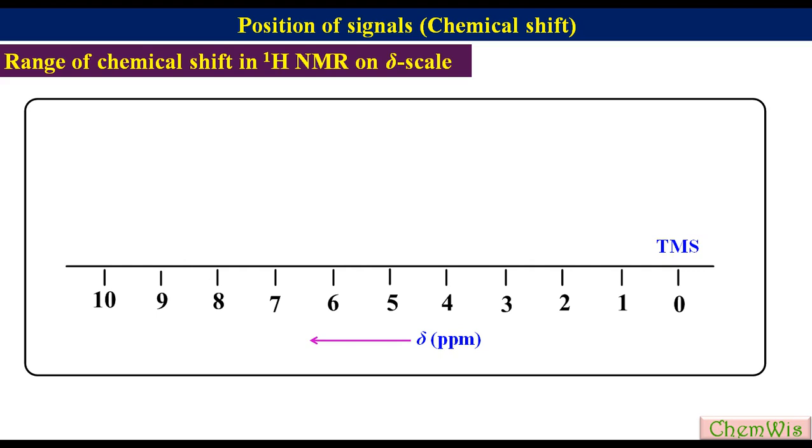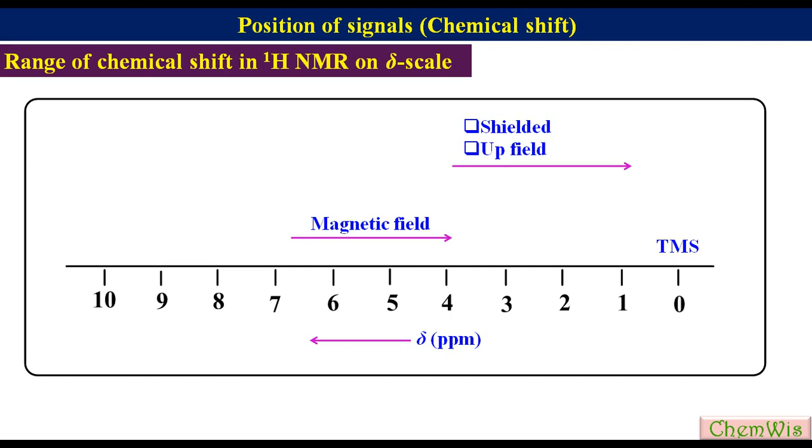Magnetic field increases from left to right. TMS protons are highly shielded and have 0 delta value. Shielded nuclei tend to resonate at higher magnetic field and have lower delta value, which is called upfield shift.